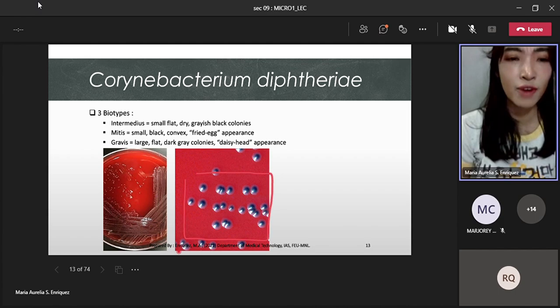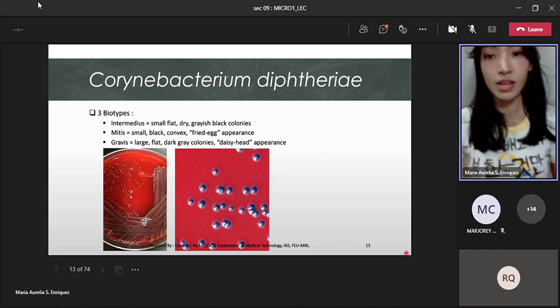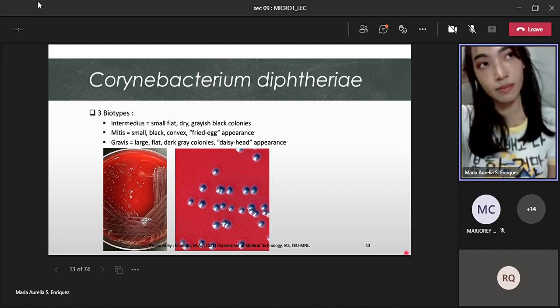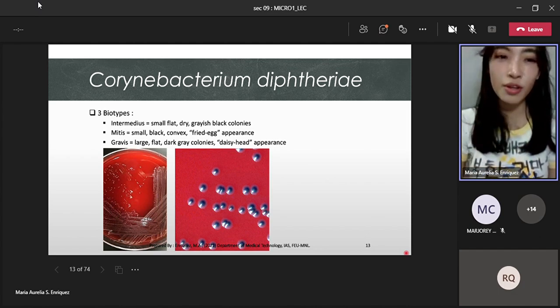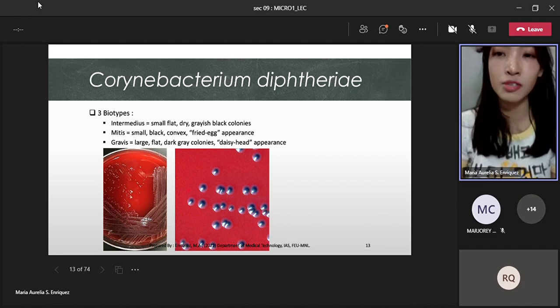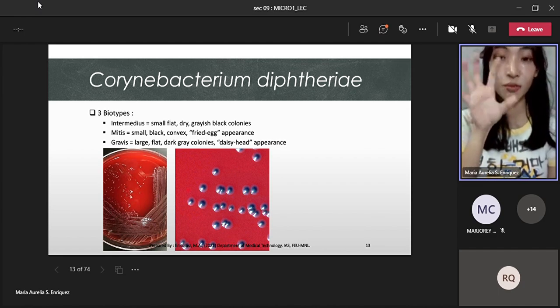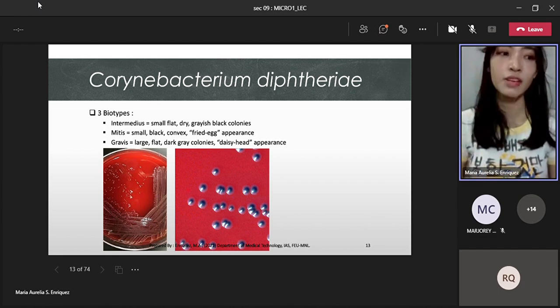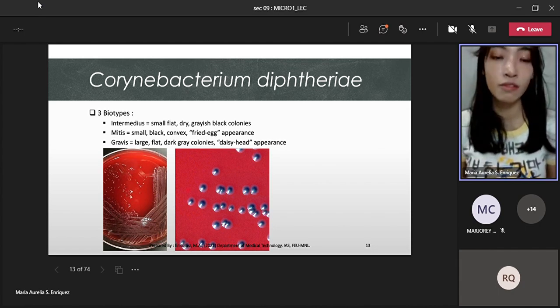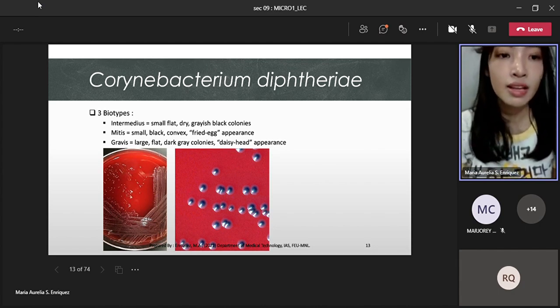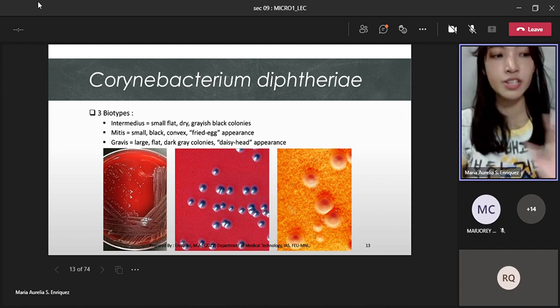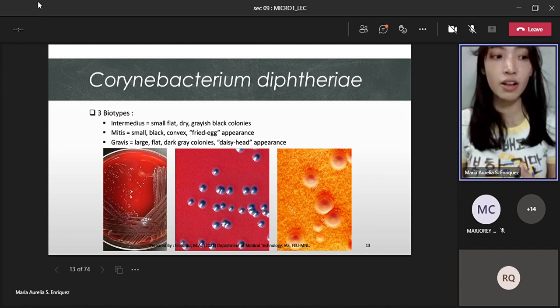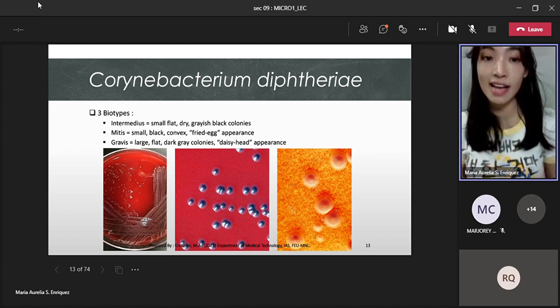So kaya po sila tinawag na fried egg colonies kasi, di ba, fried eggs, yellow yung gitna, tas white yung labas. So parang ganun daw po yung itsura ng mitis biotype. So meron siyang black sa gitna, tas white yung labas. Okay, so that's for the mitis biotype of Corynebacterium diphtheriae. Last one is the gravis biotype. So they produce large, flat, dark gray colonies that have a daisy head appearance.